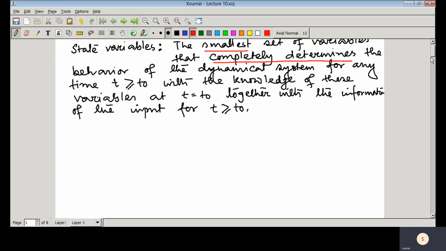So let us first point out a few important facts about state space modeling.